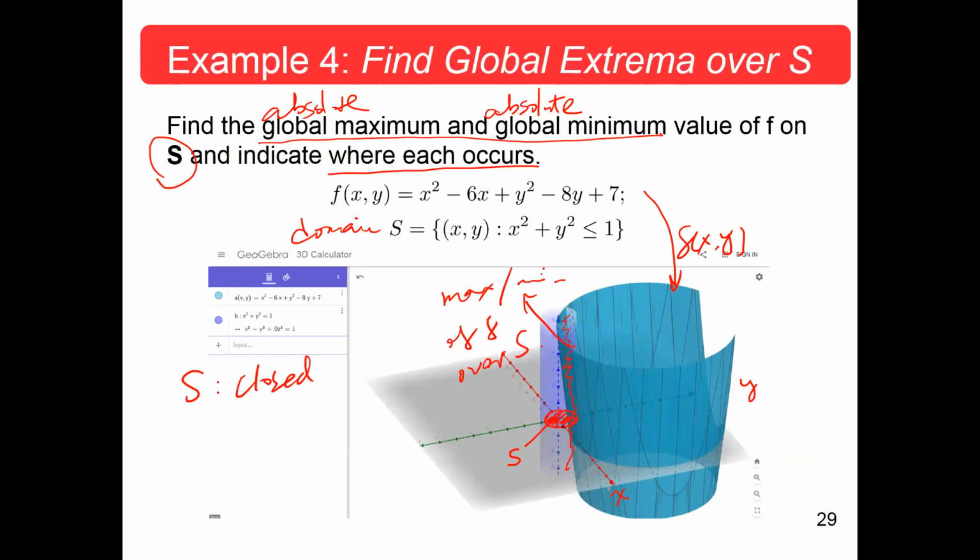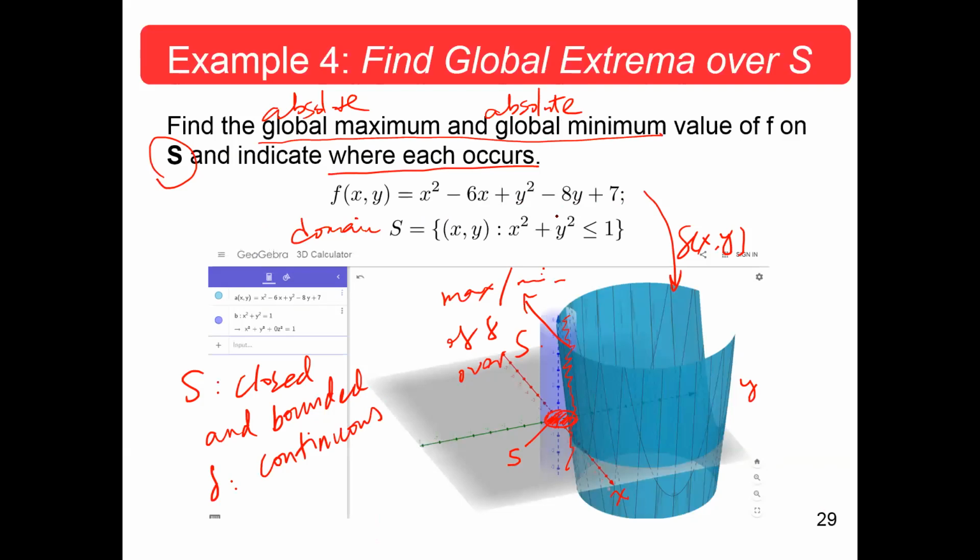Folks, this is closed and bounded, right? It is closed and bounded. Function f is obviously continuous because it's a polynomial function.